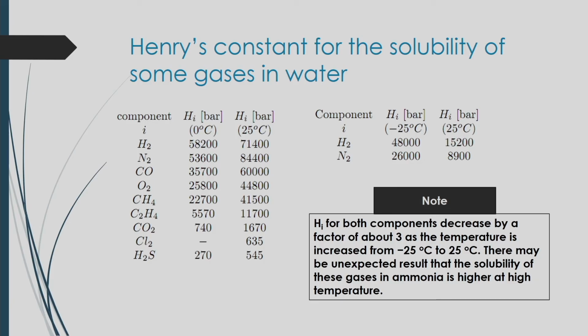There may be an unexpected result that the solubility of these gases is higher at high temperature, so you have to see these changes in the Henry's law constant for hydrogen and nitrogen.